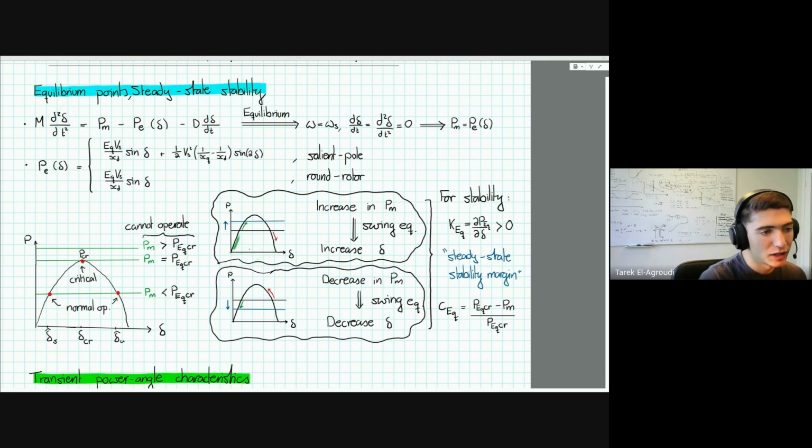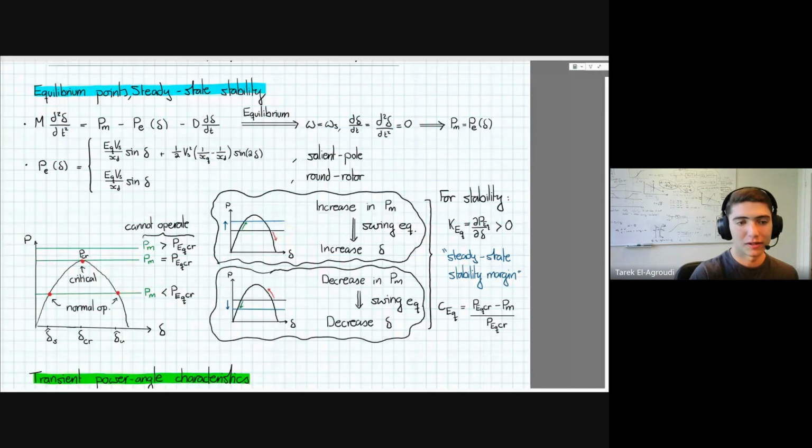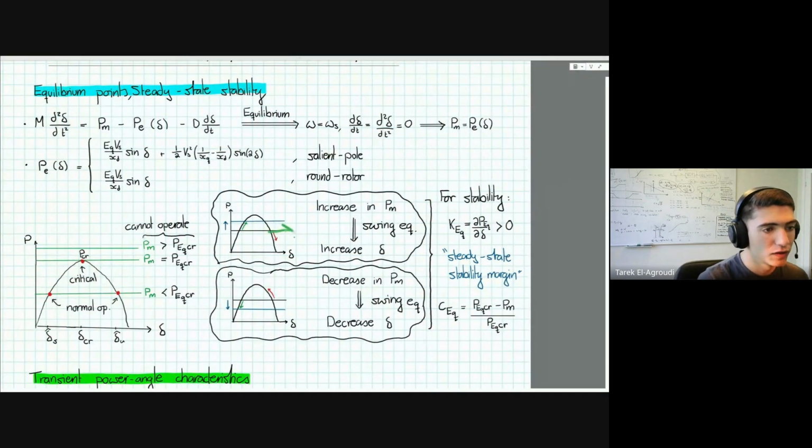And you will move along the power angle curve, of course, and what you can see then is as you move to the right, your electrical power will approach your mechanical power. If, however, we started on this side and the mechanical power increased, again, of course, the mechanical power increases. So we move in this direction. But if you move in this direction along the curve, you move actually away from the equilibrium point. So you will be unstable.